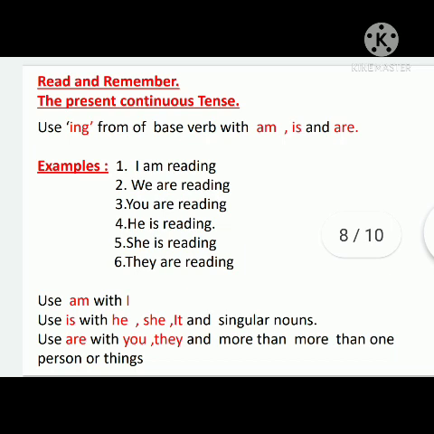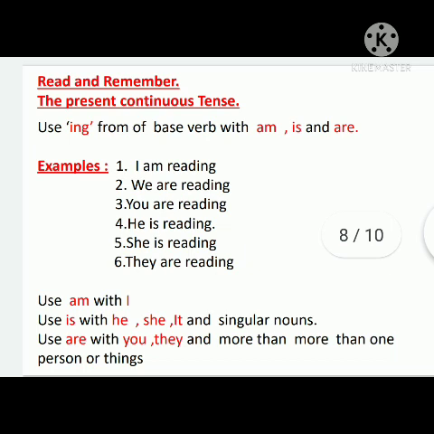Here, notice how to use these helping verbs in the sentence. Are is used with you, they, and more than one person or thing, that is, plural nouns. I hope you all understood how to form sentences in the present continuous tense.